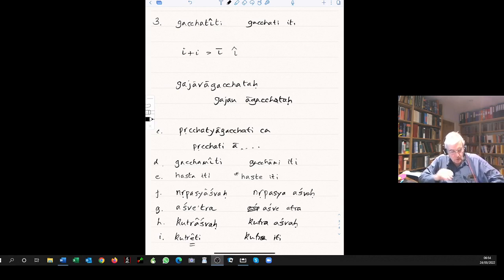Of course, the e is always long, and here the circumflex is not there to indicate that it's long, but is put there to indicate, as I mentioned before, that it's just the merger of two vowels. Kutra iti merges to kutreti. Normally it would be written in romanization as kutreti, like this, with no circumflex. I put the circumflex in as an optional extra for the reasons I explained, to assist students.